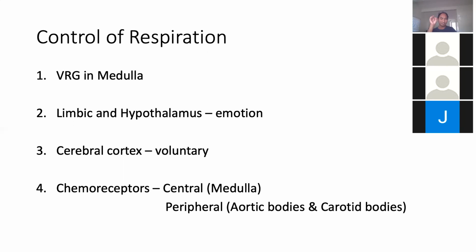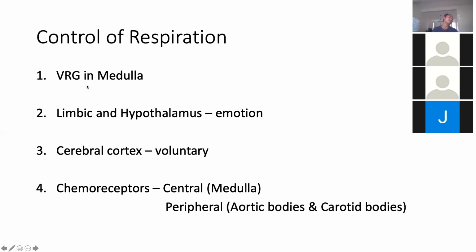These chemoreceptors are located in the aortic arch or bifurcation of the carotid. So carotid bodies, aortic bodies, these little structures which sense the chemical changes inside the blood will also influence the rate of respiration. So there are many different ways to control our respiration.